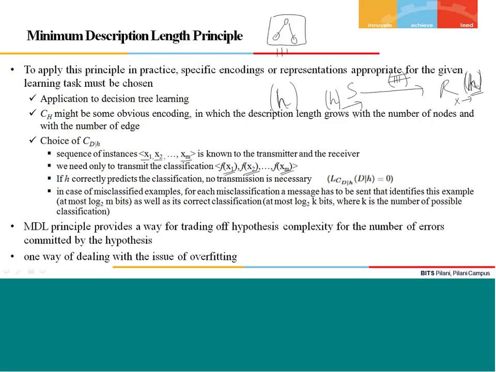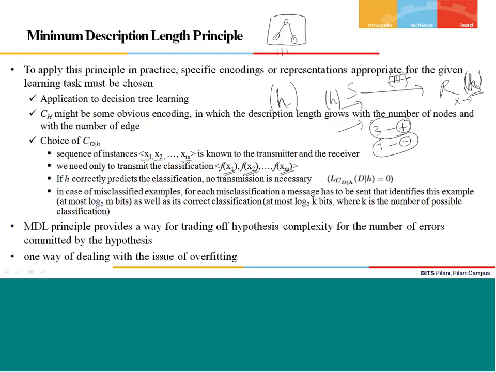But if some example is misclassified at the sender side, he will send that example ID. Let's say this is the third example and it was classified as positive. So he will send this information, and let's say there is another example, 7, that is misclassified, so its correct classification is negative. So you want to send these two examples also along with the hypothesis.